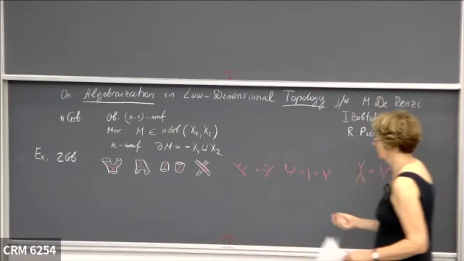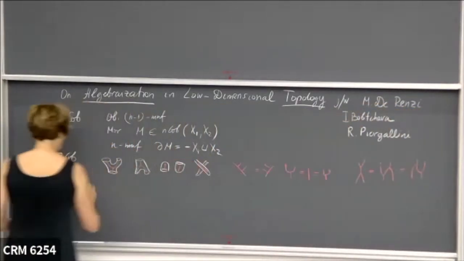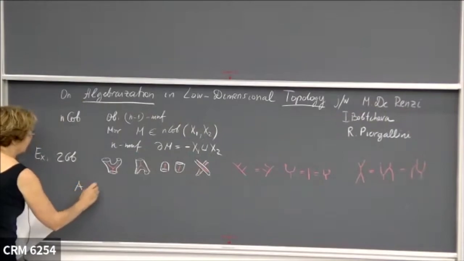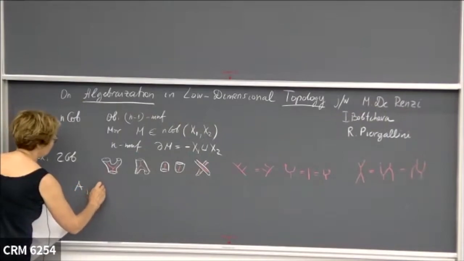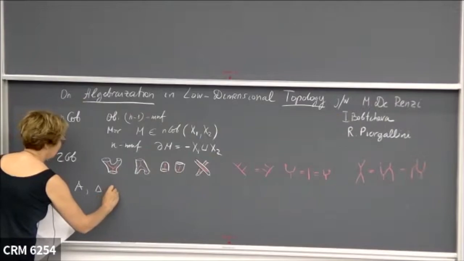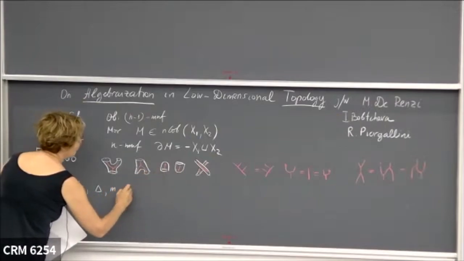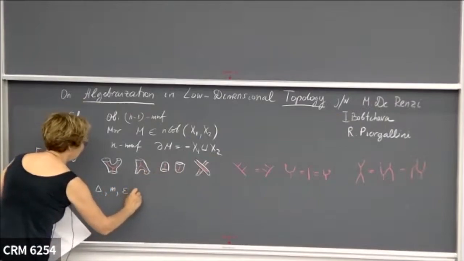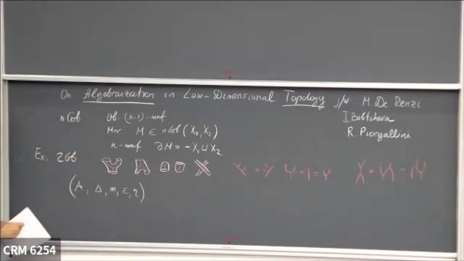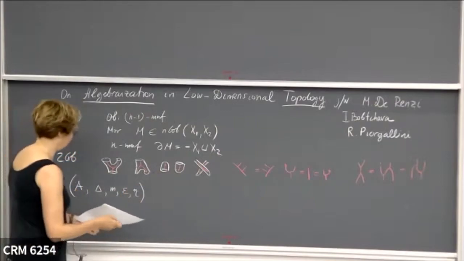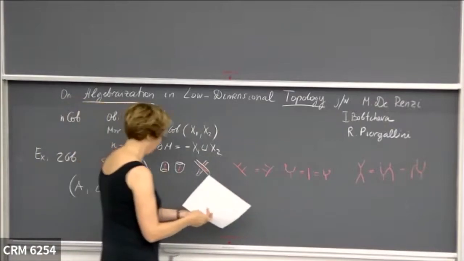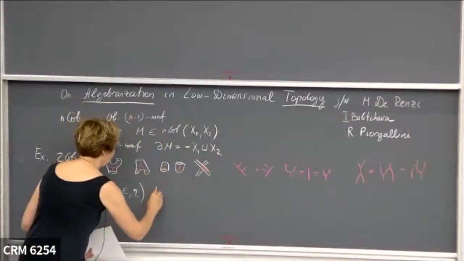So on the other hand, a vector space together with a commutative multiplication and unit, and a comultiplication and counit, such that this relation is satisfied, is called a Frobenius algebra.